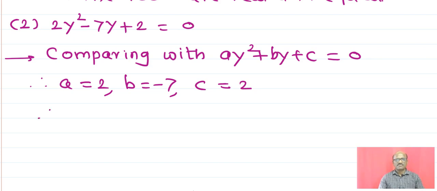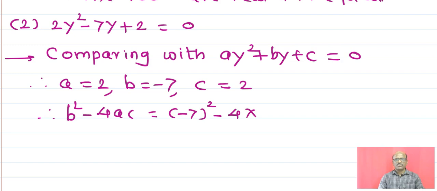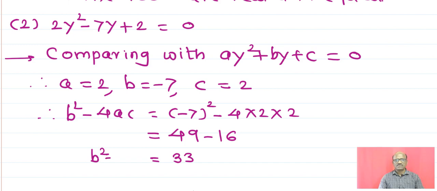Therefore, b square minus 4ac, that is delta, that is minus 7 bracket square minus 4 into 2 into 2, that is 49 minus 16, and the value of the delta is greater than 0, that is 33, which is greater than 0.